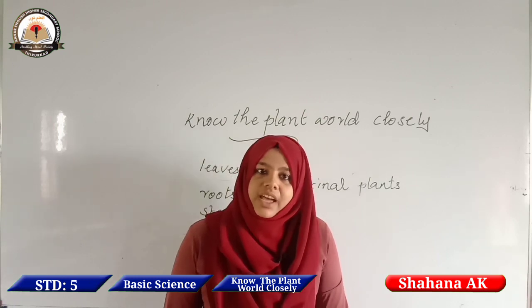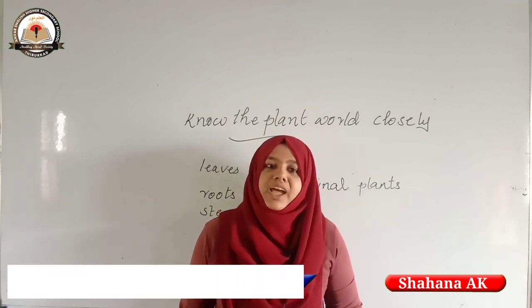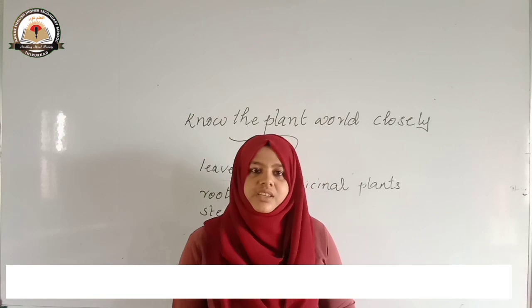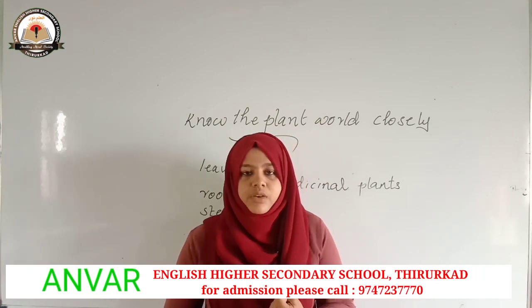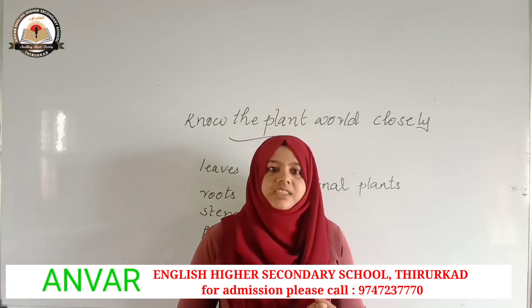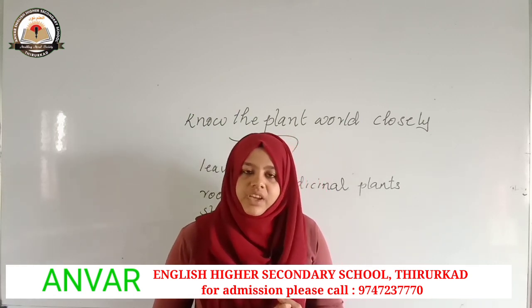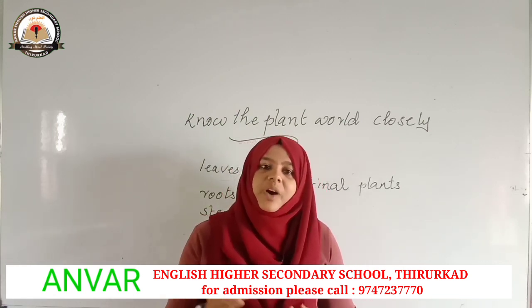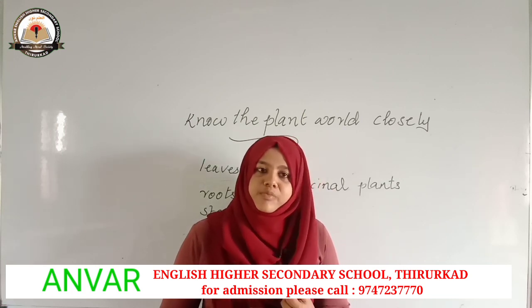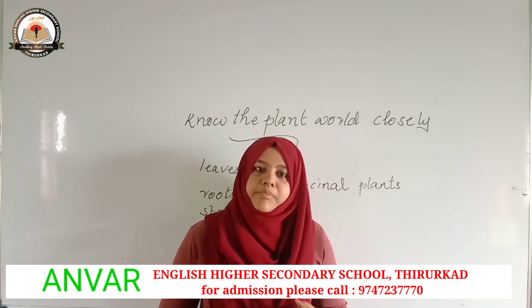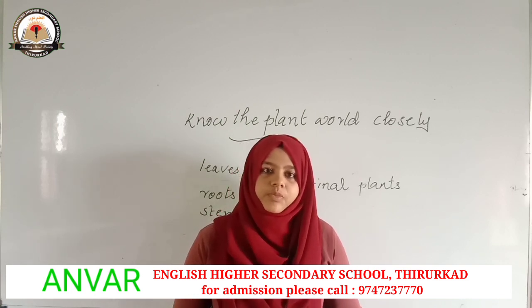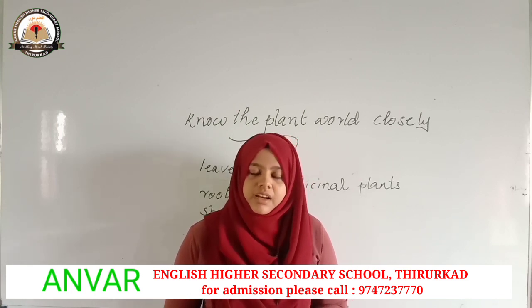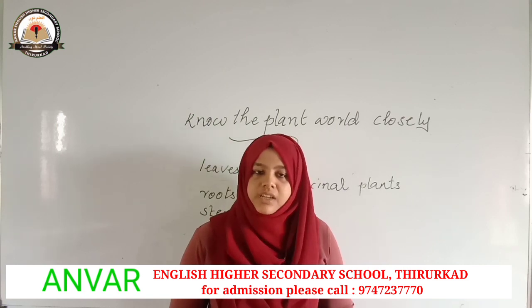So we understood that we are using plants for different uses. Some plants we are using as food materials. Some plants we are using to get spices. Some plants we are using as medicines. There are other uses also. Then I am giving you one more activity.